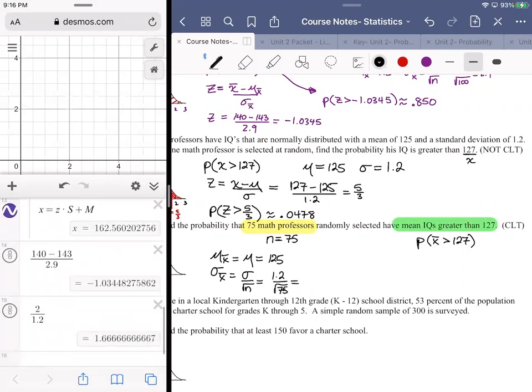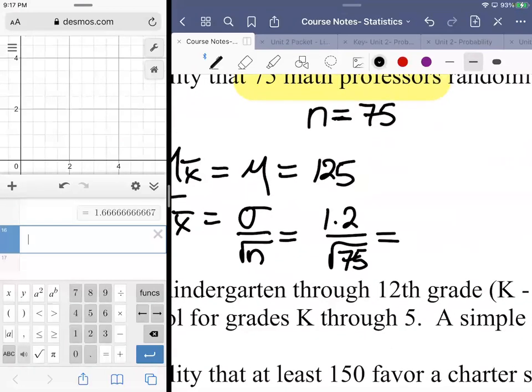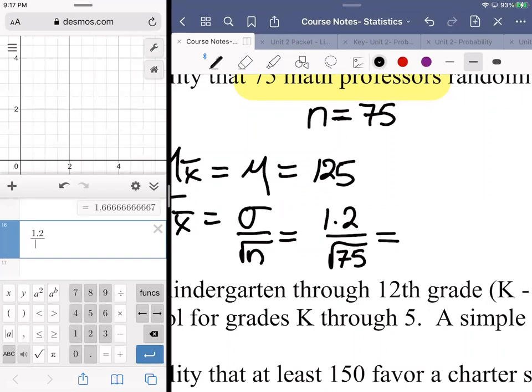In the past, people have gotten the impression that all you're doing is dividing by 10, because the previous example was dividing by 10 to get sigma sub x bar. That only happened because n was equal to 100. So don't fall in love with particular outcomes. It all varies depending on the nature of the data.